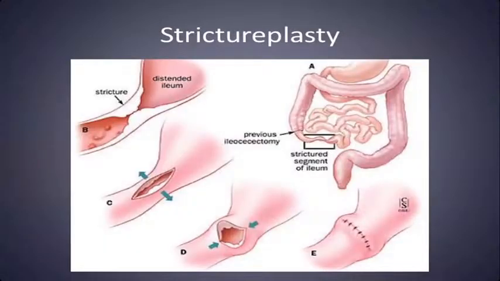Okay, and I'll not go into this. This is just some examples of how the surgeon may remove a stricture. So it's rather long and mouthy. I'll leave it there.